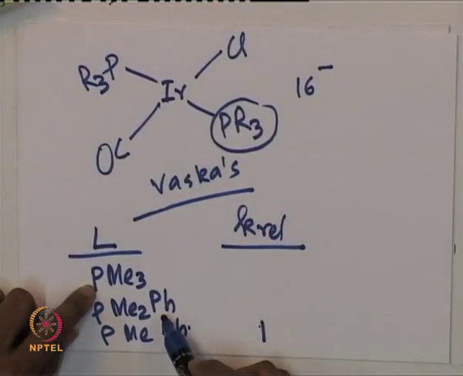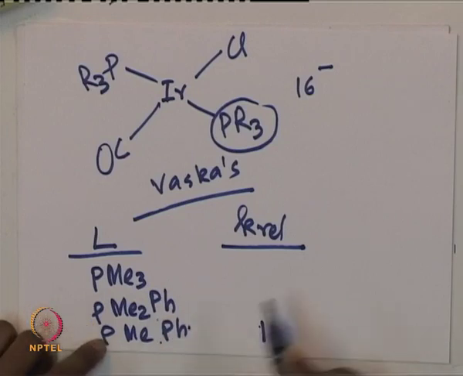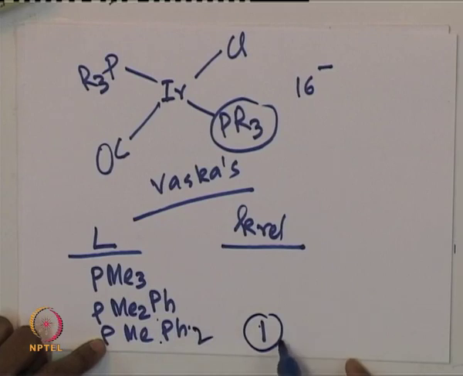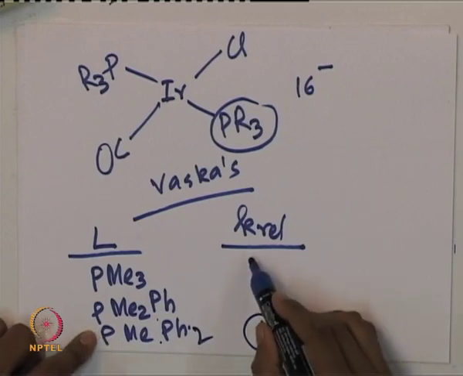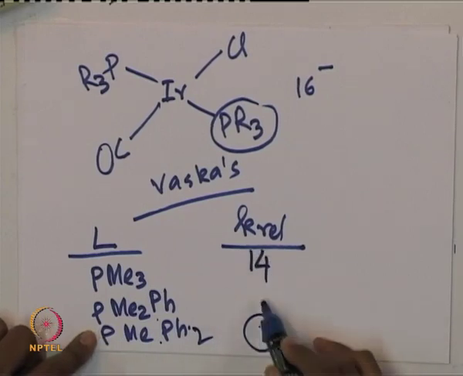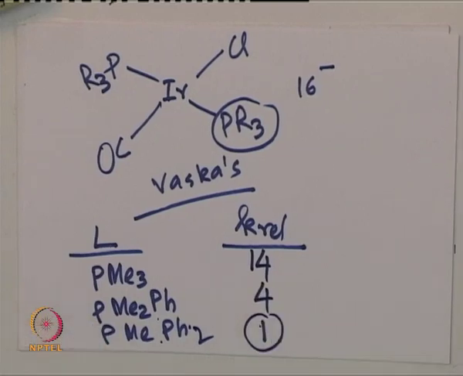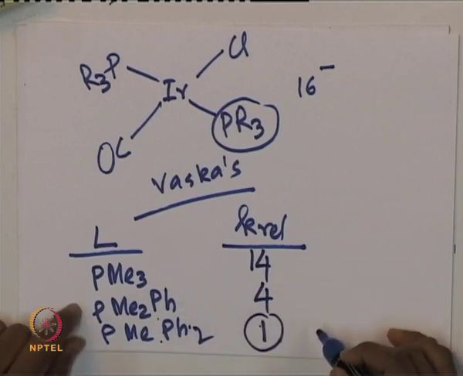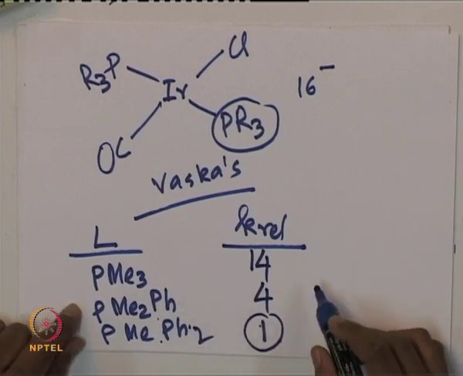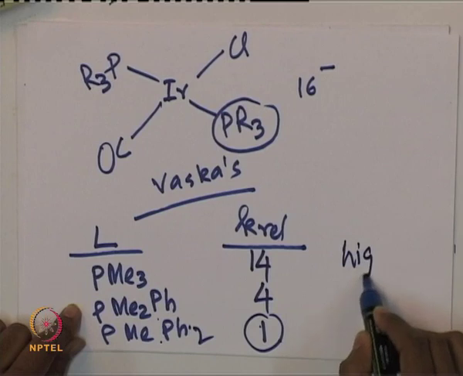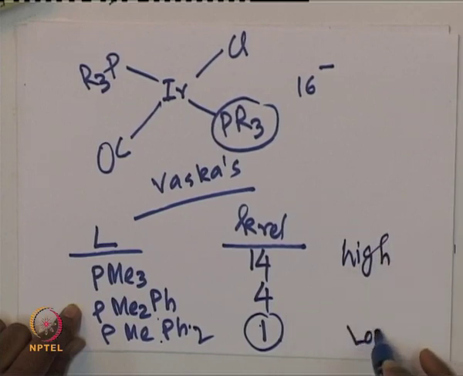If you just want to put the values, for example, we are discussing PMe3, PMe2Ph and PMePh2. If you set the last one as 1, we will get 14 as the highest, and these are again relative values. So from top to bottom we get high value to low value.